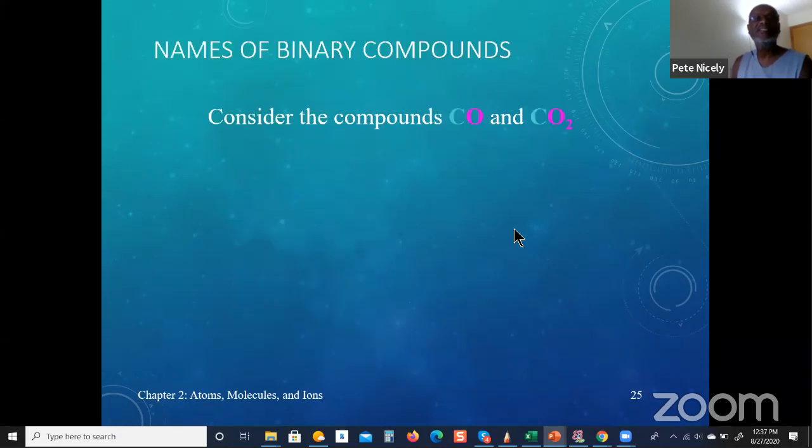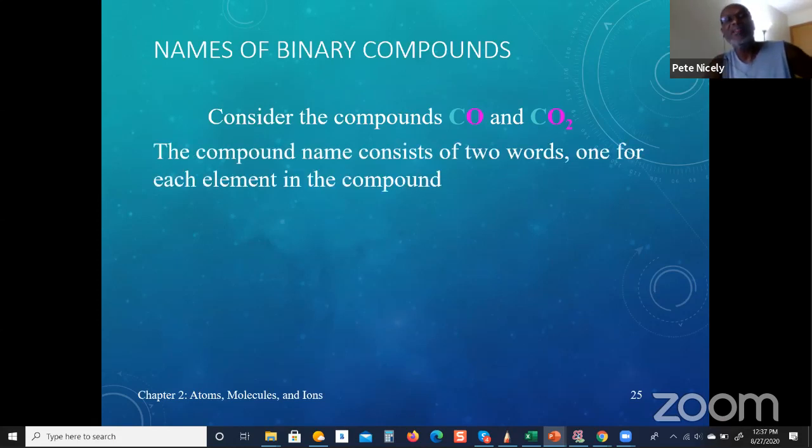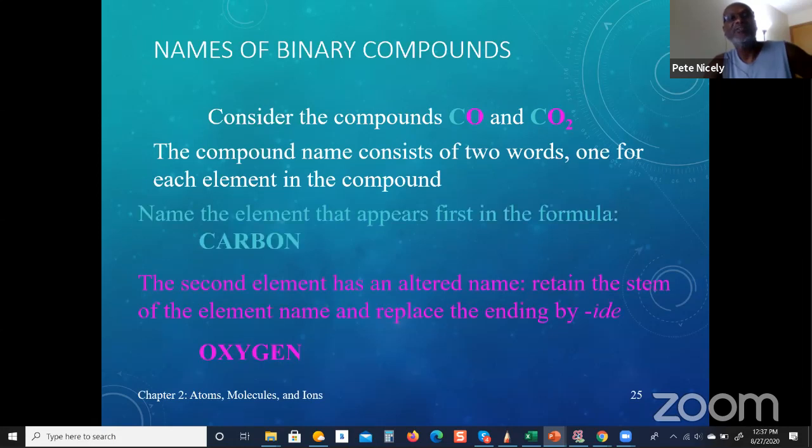So let's look at an example of 2 compounds, CO and CO2, all right? If we were to name these compounds, we follow the convention that we said before. The carbon would come first, followed by the oxygen. Now, in the case of the first element, you use the full name of that element, which is carbon, in these two examples.